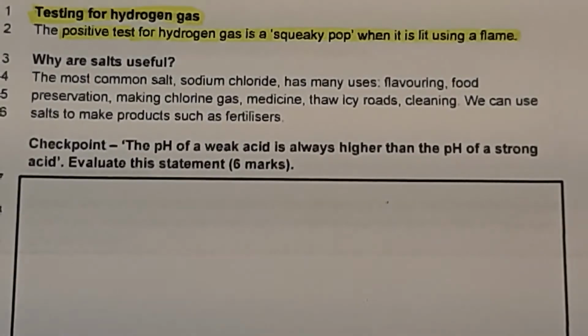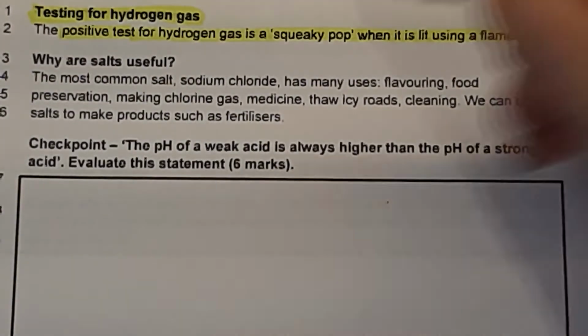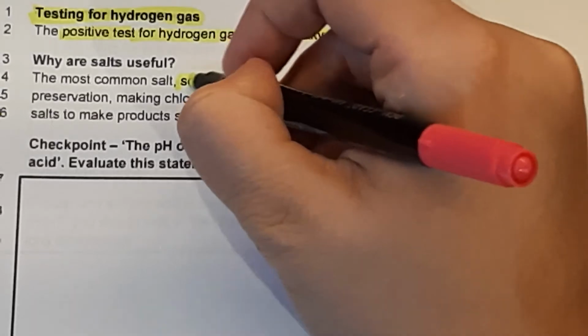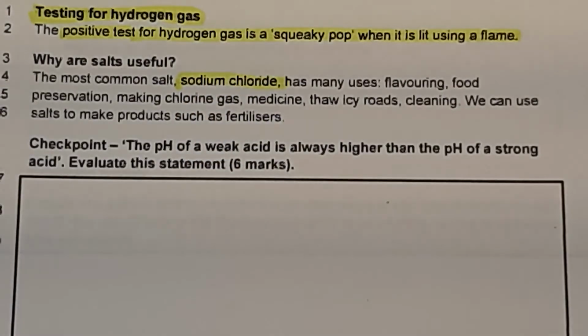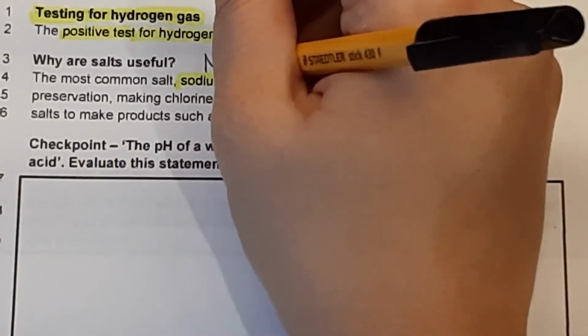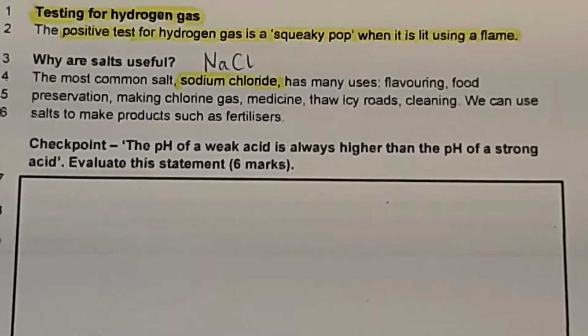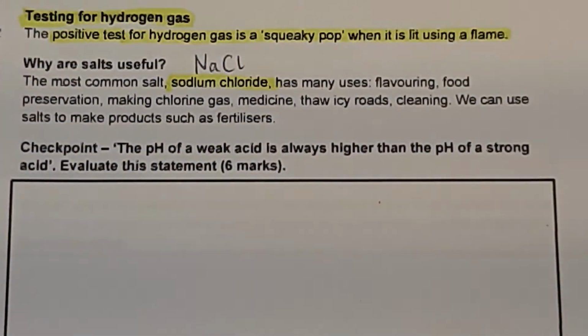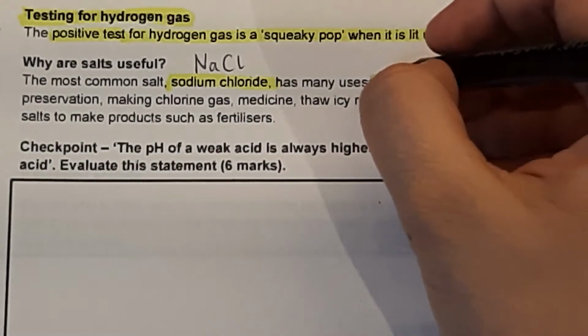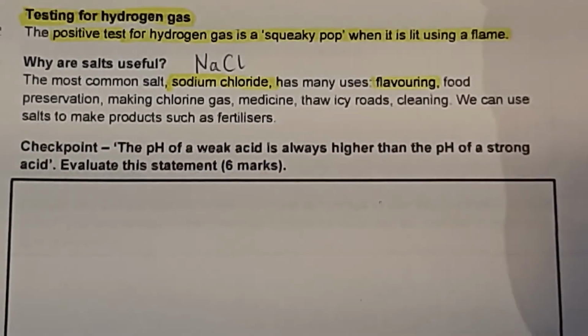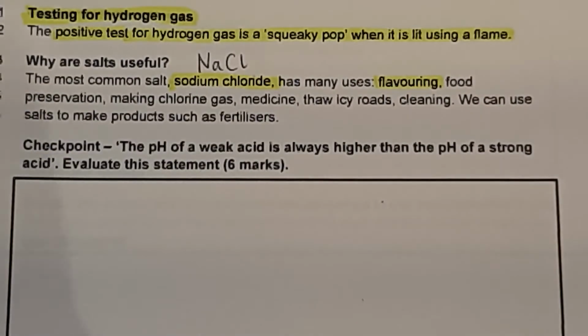So moving on, why are salts useful? Well, the most common salt, sodium chloride, and I'll give you the symbols for that, NaCl, capital N, lowercase a, capital C, lowercase l. Sodium chloride has many uses. So we use it for flavouring, in particular for food. So when you add some salt to your chips or a bit of salt to perhaps your vegetables, that's part of the flavouring.